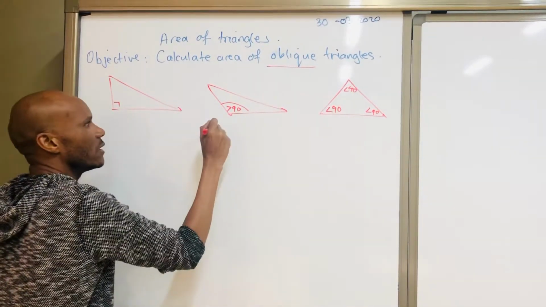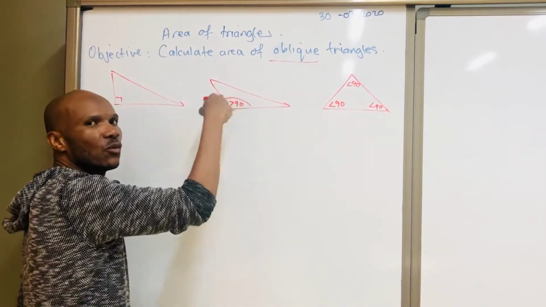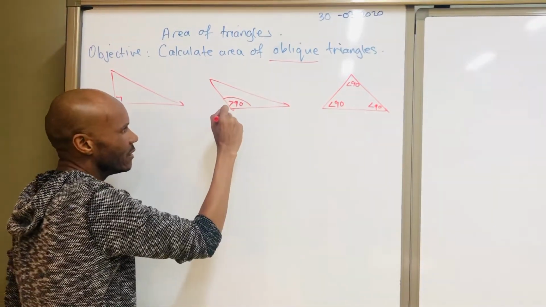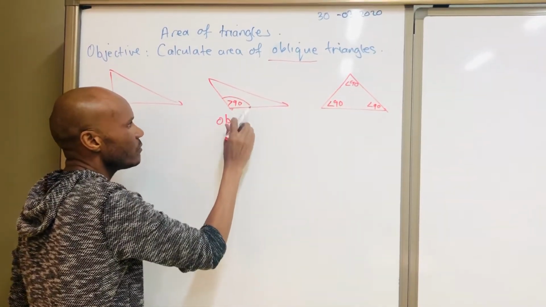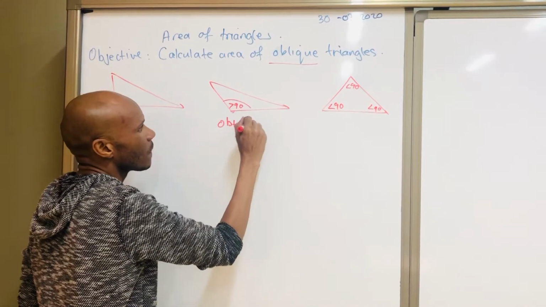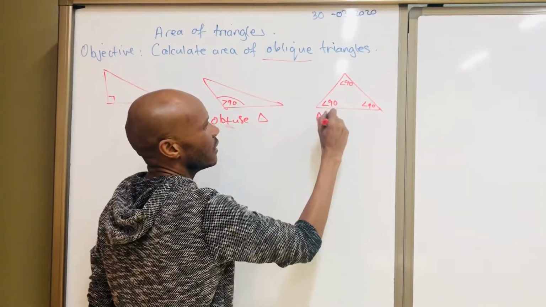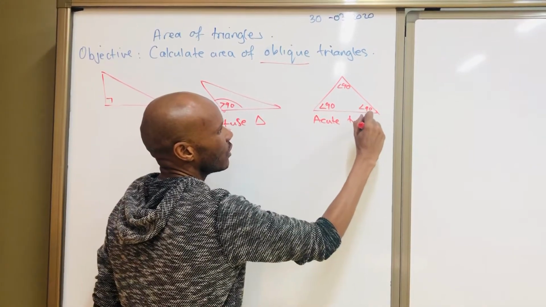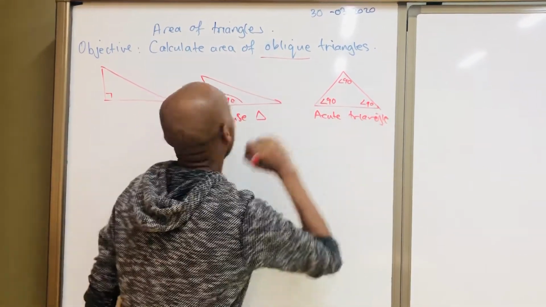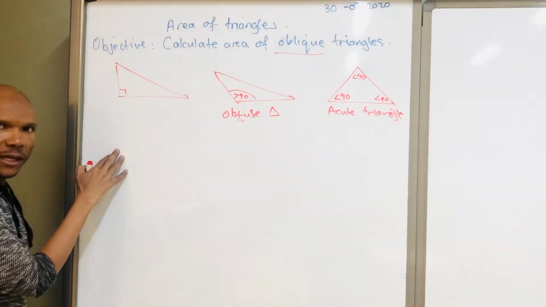So this one is an obtuse triangle because we've got one angle that is more than 90, and this one is an acute triangle, and that's a right angled triangle.